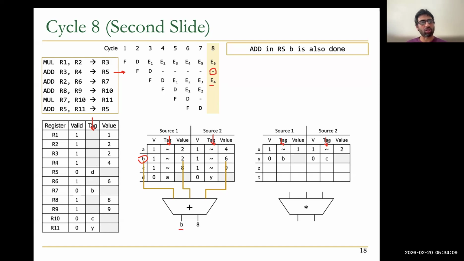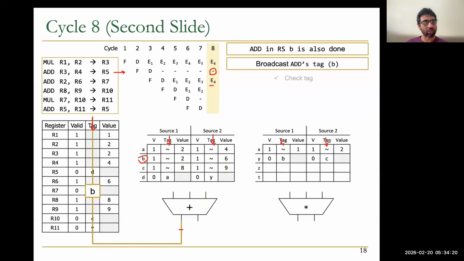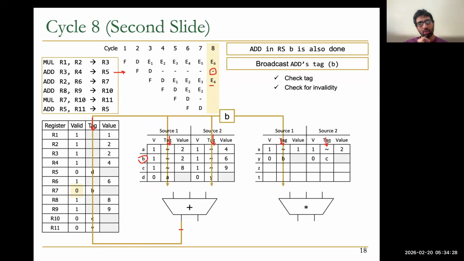And whenever we get a match, we put the value in that field and also mark it valid. So here we get a matching, and we also get a matching in the reservation station Y of the multiplier, right?